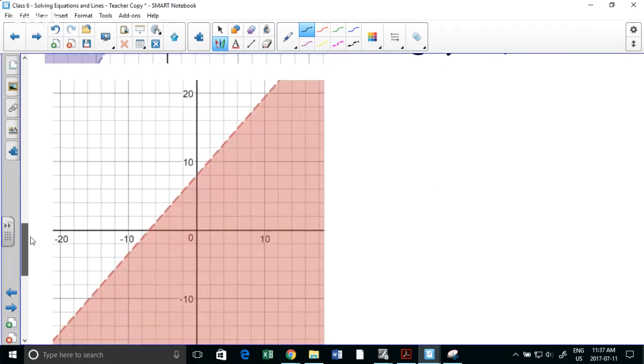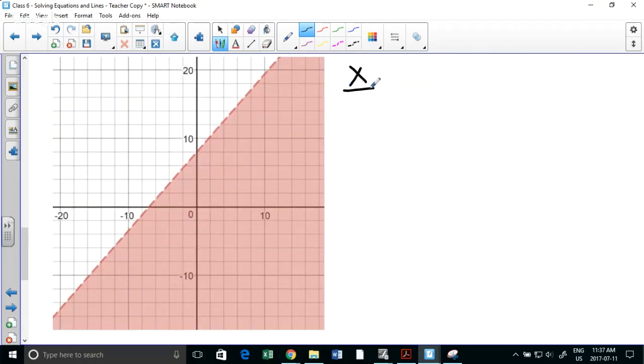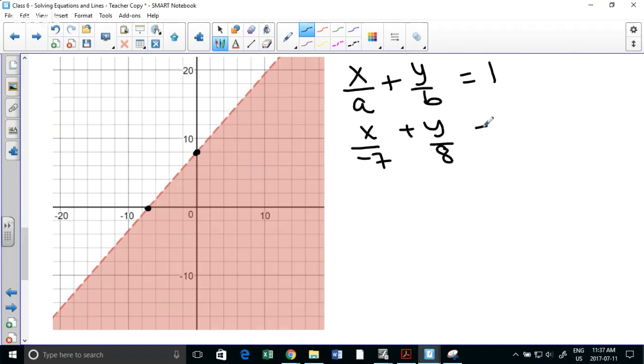One more. Again, use symmetric form if you can. So my y-intercept is 8. My x-intercept is negative 7. Sweet, I can use 0, 0.